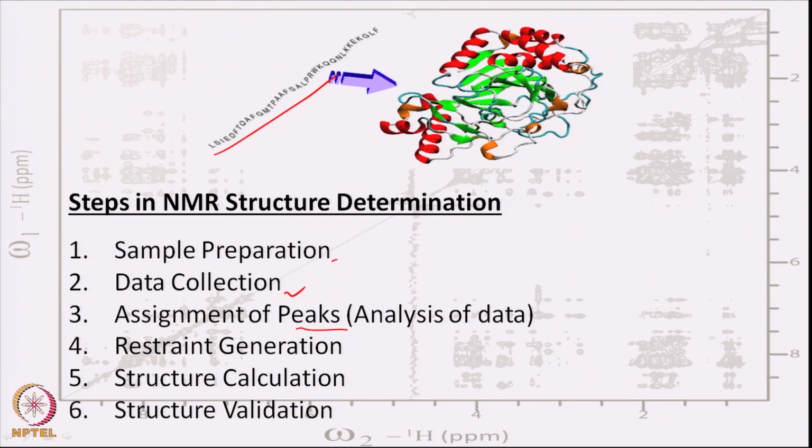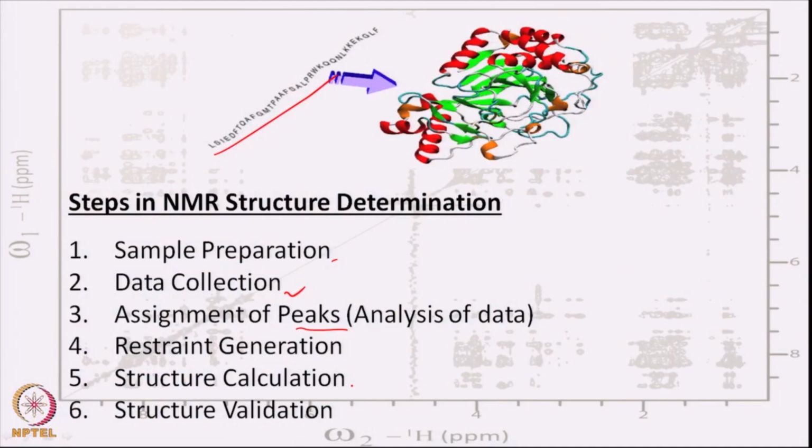After you assign these peaks, as we have discussed earlier, from the NOESY data set you can generate distances: looking at a NOESY peak you know the distance between two protons, and that is called a restraint. By measuring the intensity of those peaks one can generate the restraints, and once the restraints are generated they can all be used in structure calculation.